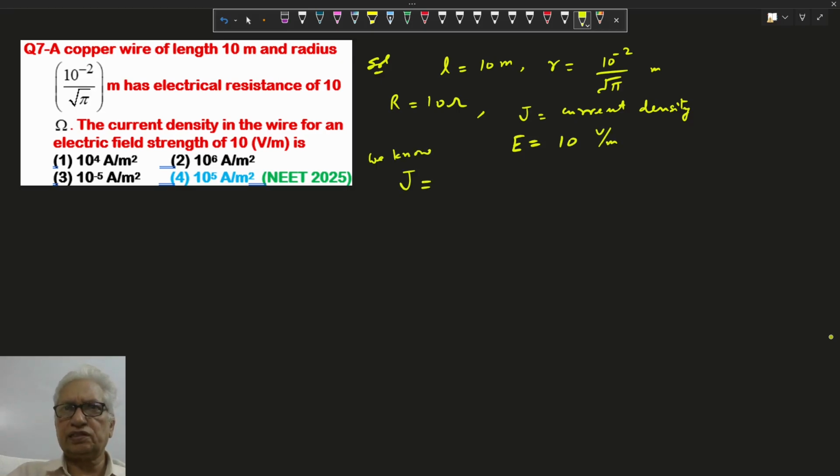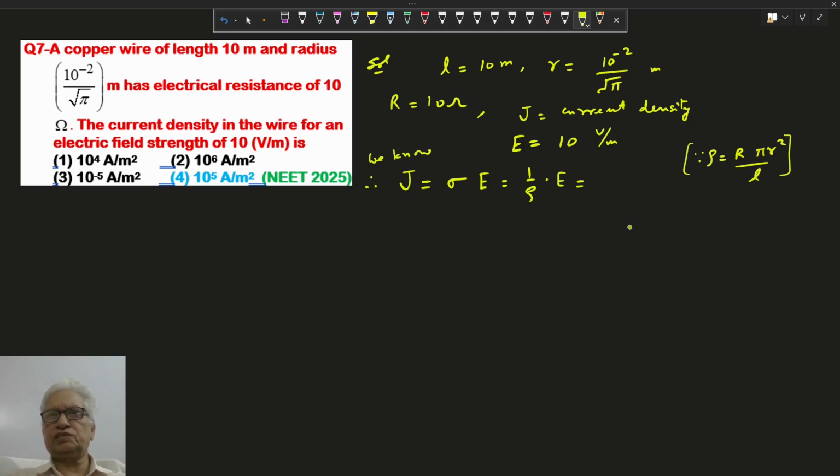The relation between J, current density, is J equals sigma E, where sigma is 1 upon rho. The formula of rho is R A upon L. When we put the formula here, it becomes 1 upon R, pi r square, L goes up.